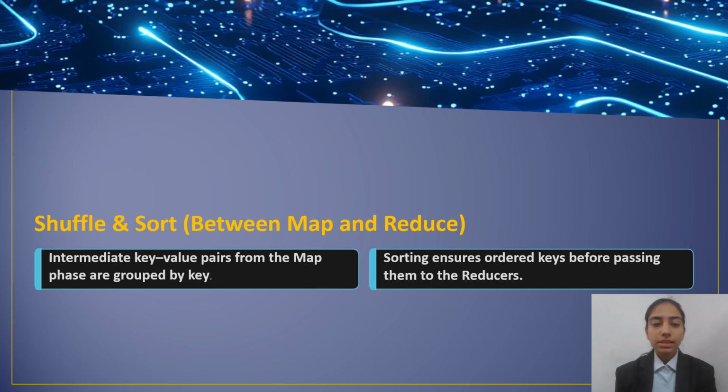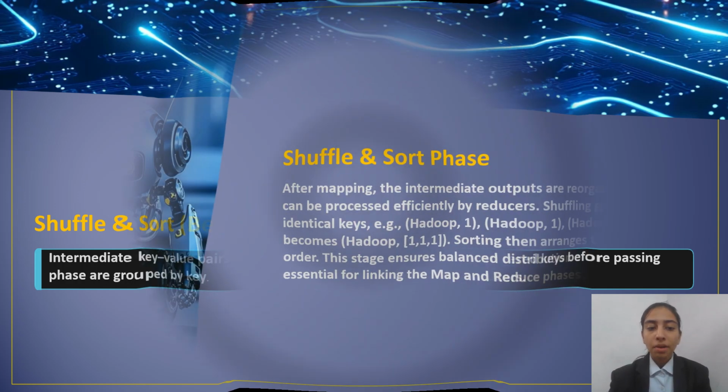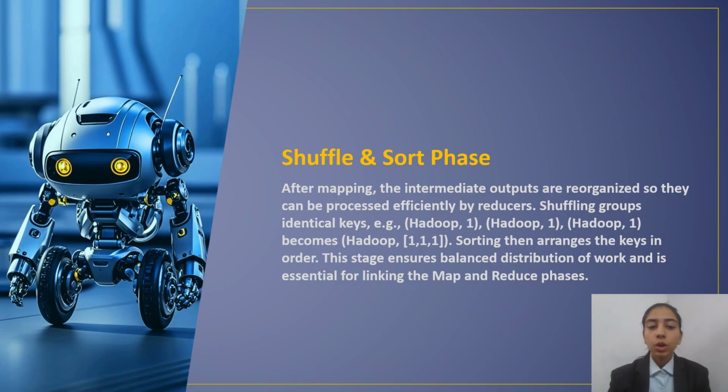The second phase is the shuffle and sort phase. After the map phase, the outputs are grouped and sorted based on their keys. For example, if we have many Hadoop, 1 pairs, they are grouped together as Hadoop 1, 1, 1.